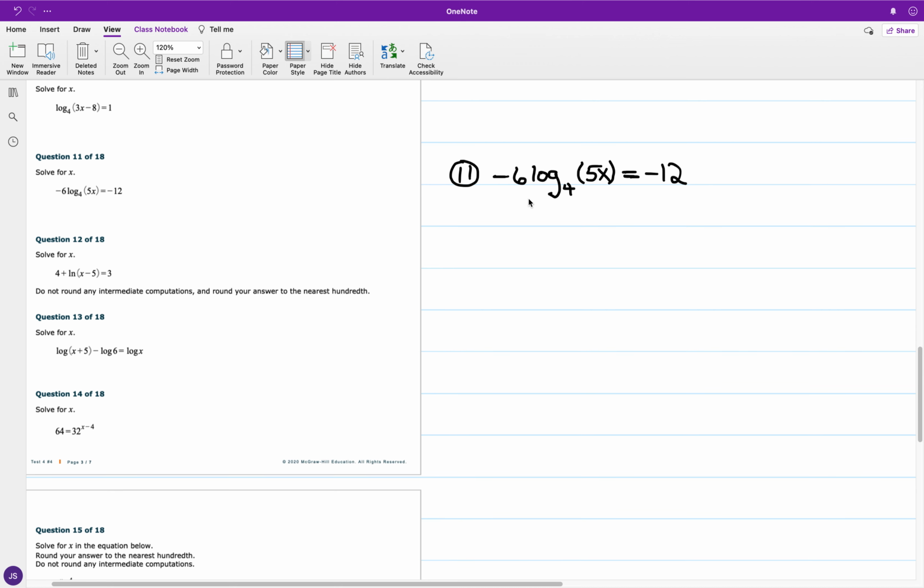Instead of trying to do anything fancy with the -6 and make it into an exponent, what you can do is divide the whole equation by that coefficient and simplify that particular equation.